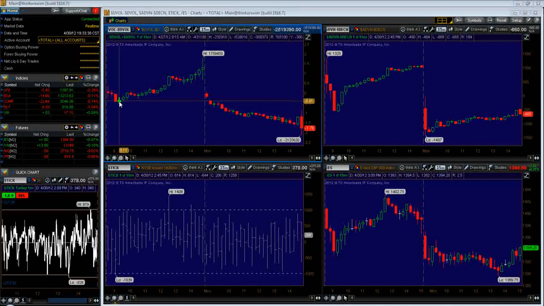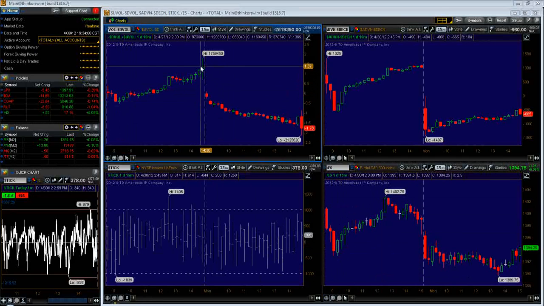And then about half an hour through the day, 45 minutes or so went by, the breadth starts to improve, and at the same time we do get an improvement in the advanced decline line. And as those start to drift higher all day, or at least the breadth all day, the ES does start to move higher as well.